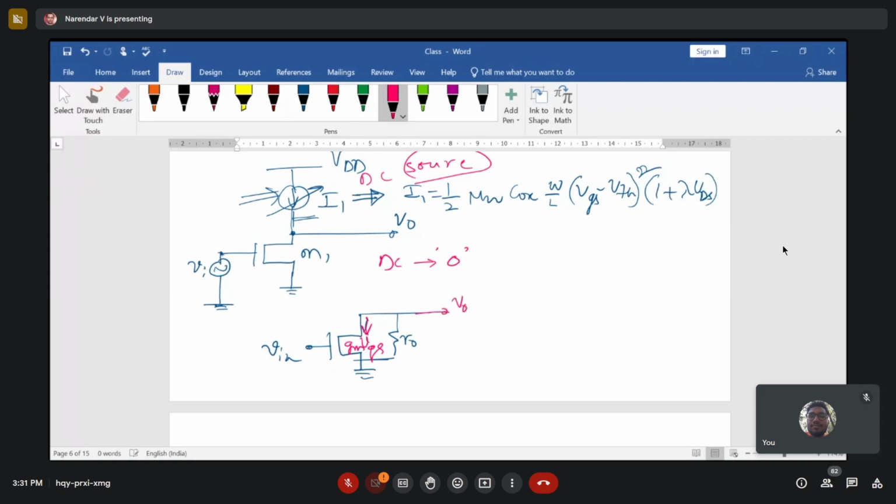What we have done is that the current source is considered to be an ideal DC source, and its equivalent resistance is not considered. A DC current source has a different way of representation, but for our small signal model, we consider the DC source connected to ground, and that's why we have connected it directly to ground.